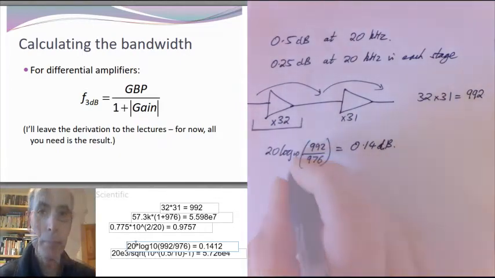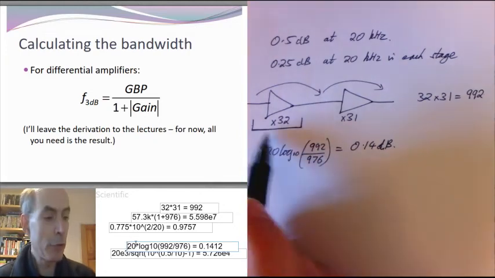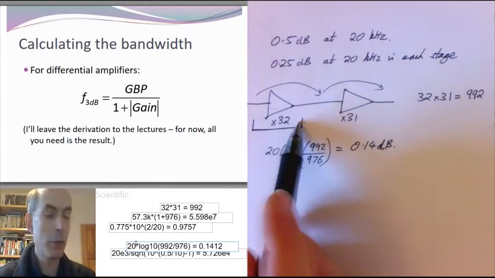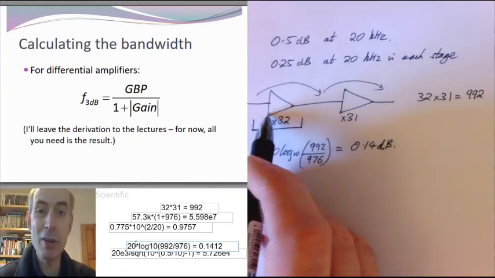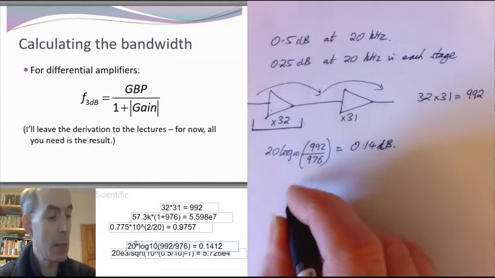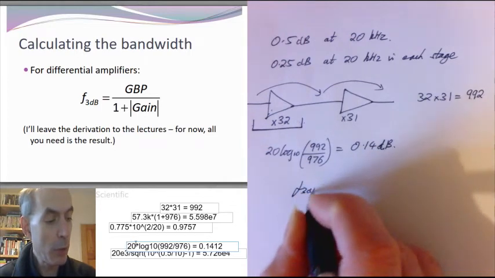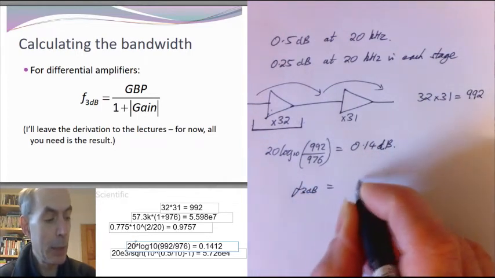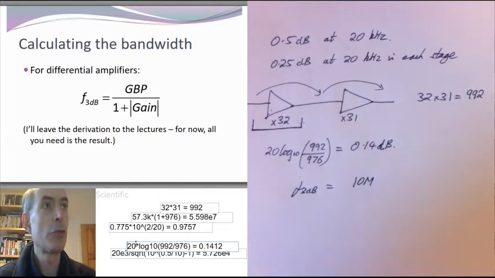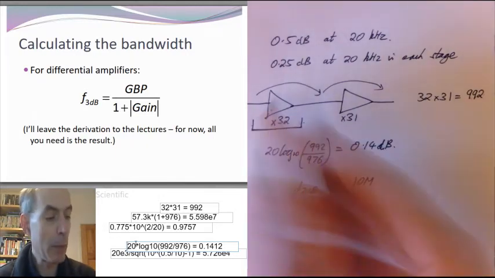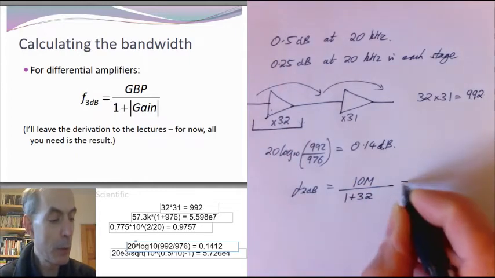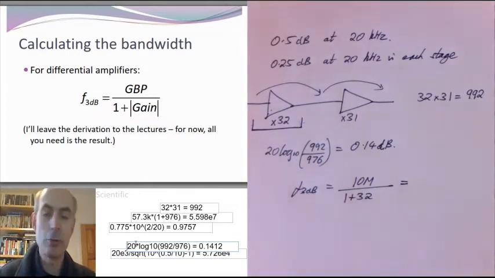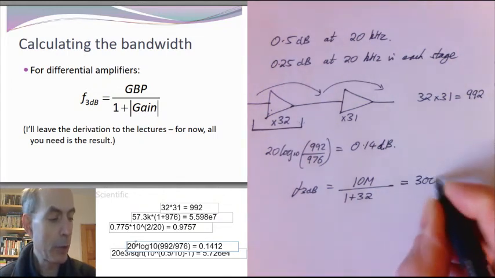Okay, so we have a gain of 32. What bandwidth would we get out of it? Well, assuming this first stage is a differential input stage, the 3 dB bandwidth that we would get would be the gain bandwidth product, which is 10 megahertz for the op-amps that we have available, divided by 1 plus 32, which is 10 megahertz divided by 33, which is about 300 kilohertz.